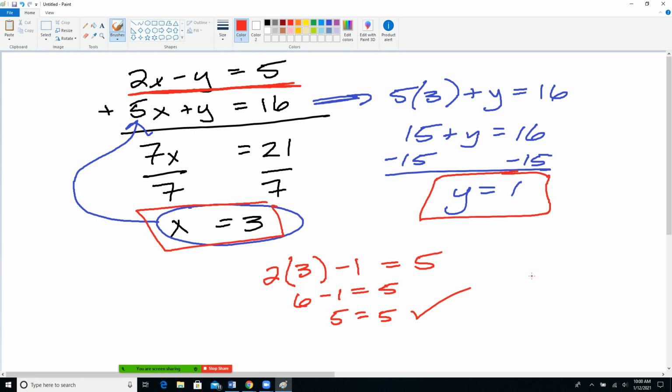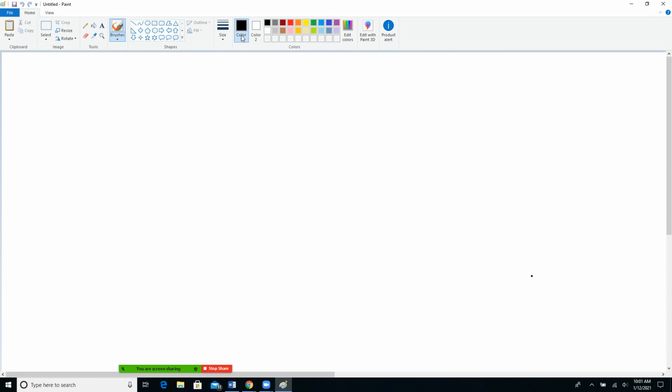Solving systems of linear equations. Substitution. So if you have this, x minus 2y equals negative 3, and then y equals x plus 1. What I'm going to do with solving by substitution is I'm going to plug this in for my y.